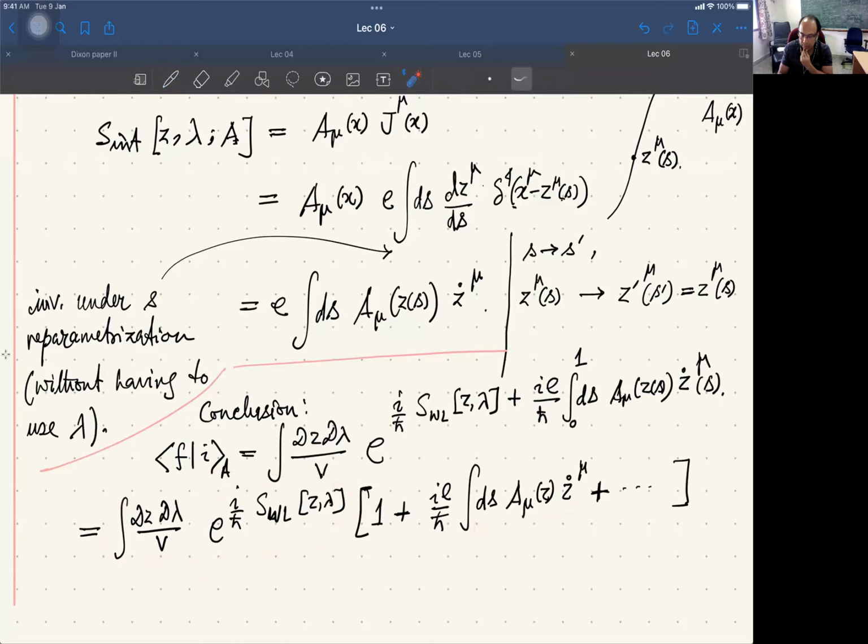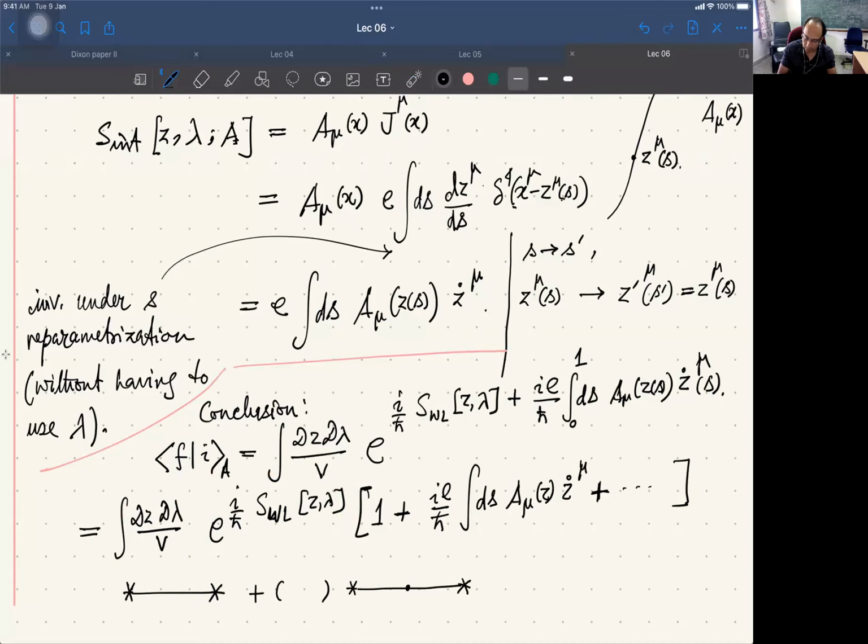Similarly, the second term will have two factors of A^μ, and those are insertions too. If you wanted to draw Feynman diagrams, it would look like this. This is the first term. Then, up to a factor, you will have the same propagator, but with an insertion somewhere, which will be integrated.